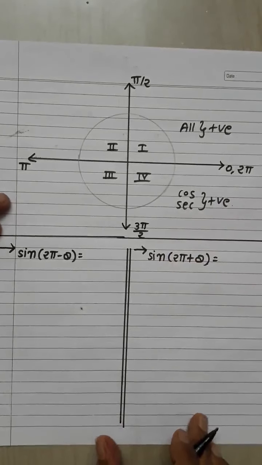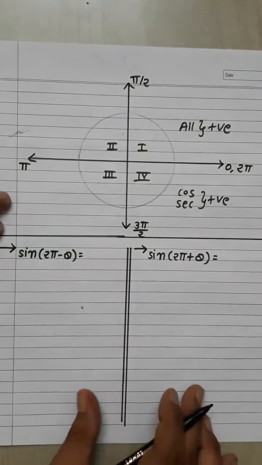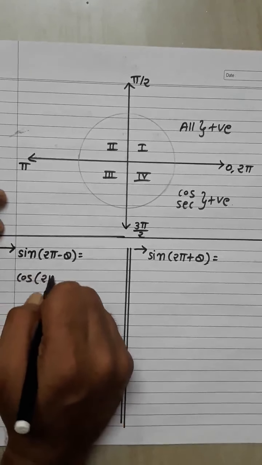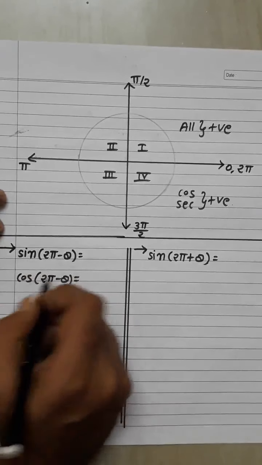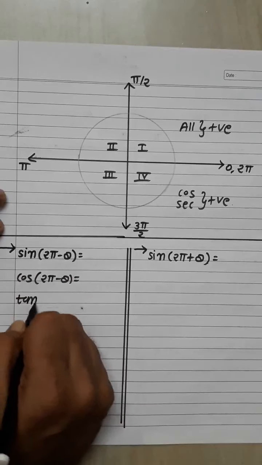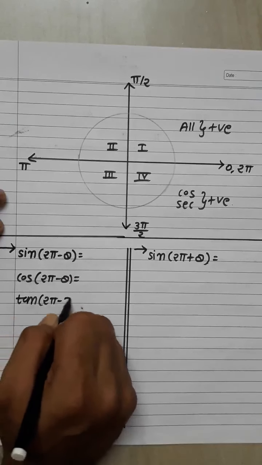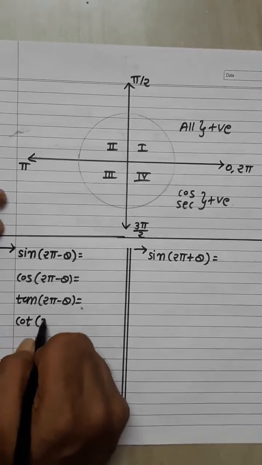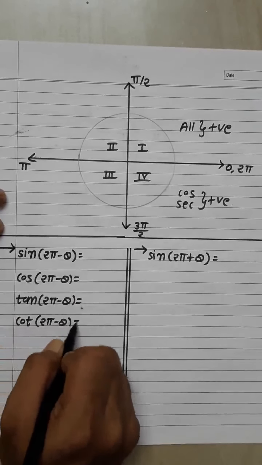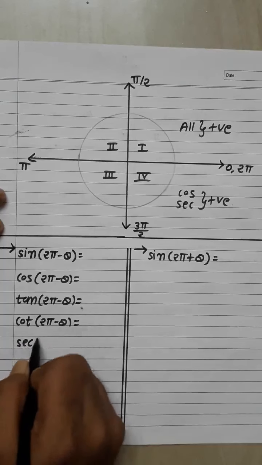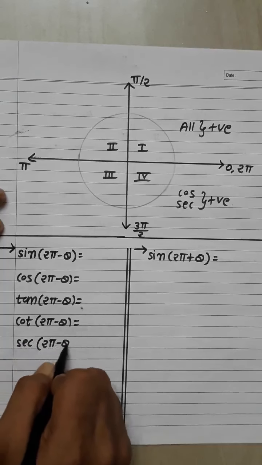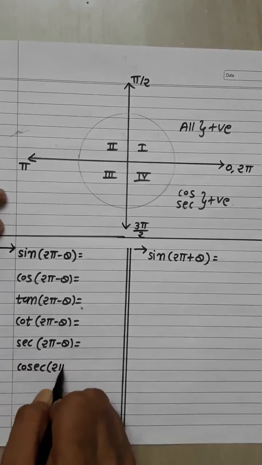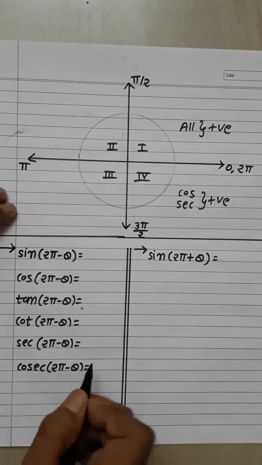Now again, sine(2 pi minus theta), cos(2 pi minus theta), tan(2 pi minus theta), cot(2 pi minus theta), sec(2 pi minus theta), and cosec(2 pi minus theta).